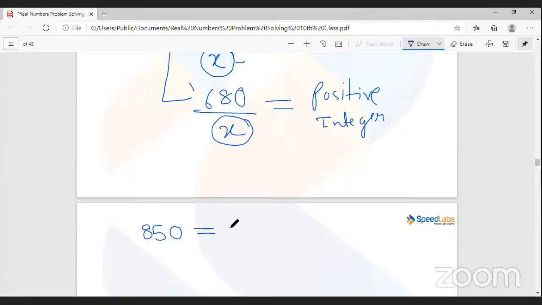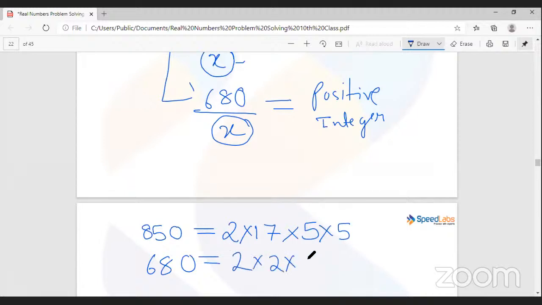Ma'am, it's 2 into 5 into 5 into 17. Great. And what are the factors of 680? 2 into 2 into 2 into 5 into 17.